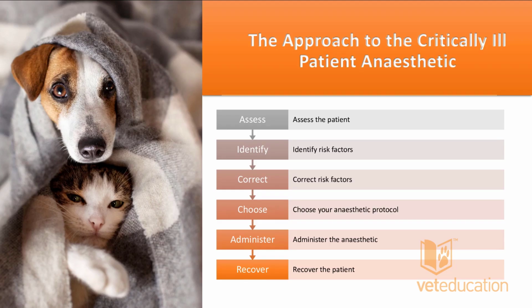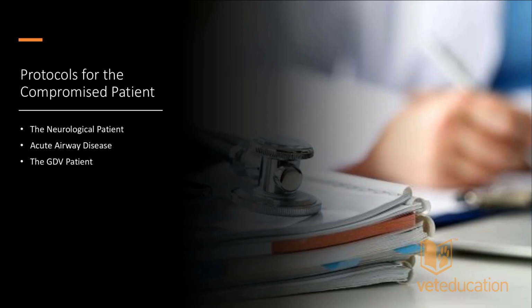Then maybe we can work on developing and utilizing the drugs that we have in our arsenal to try to reduce the chances of our patient becoming hypotensive and suffering from decreasing oxygen delivery.